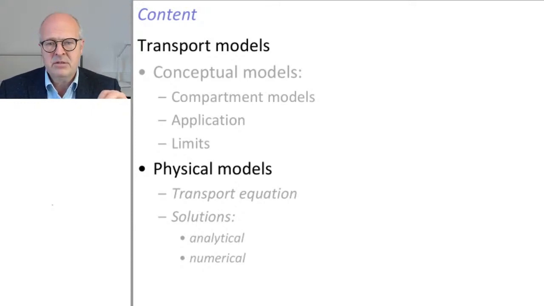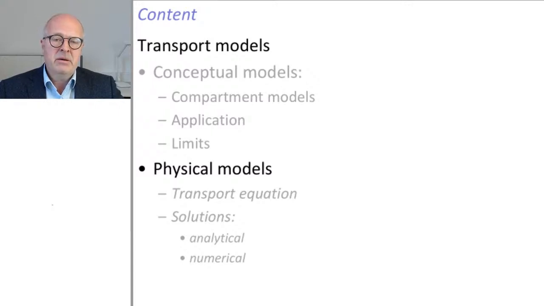And you can transfer some of these models to nature and conceptualize nature as a sequence of reservoirs, compartments connected by pipes, and use the mathematical methodology and the mathematical instruments developed for process engineering to also describe natural compartments.